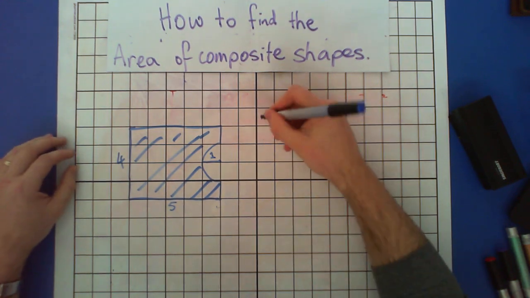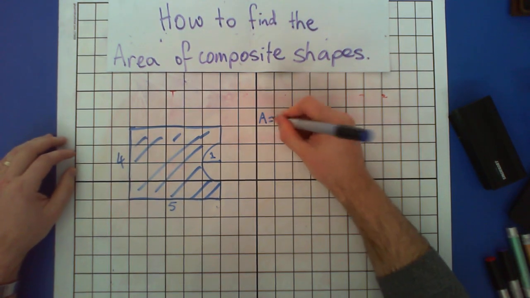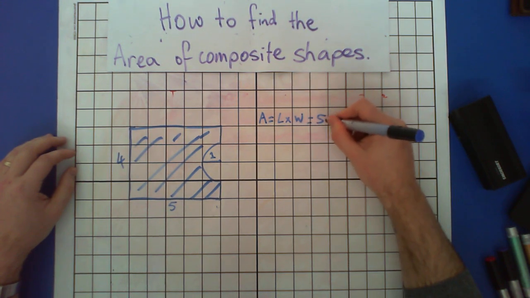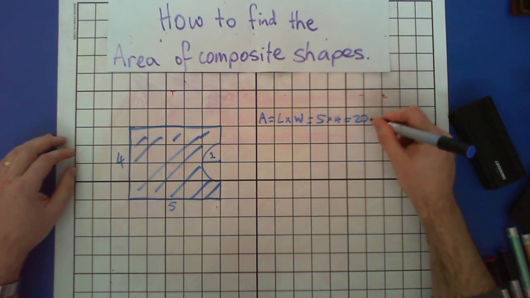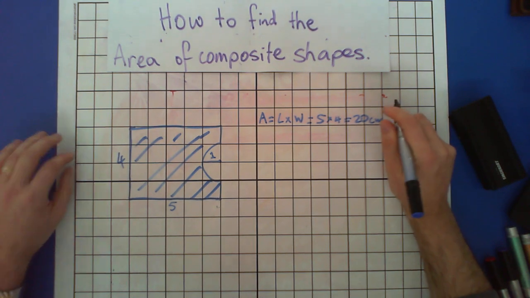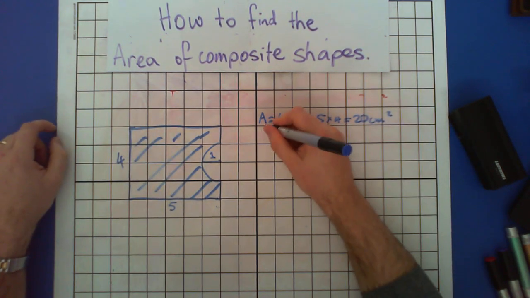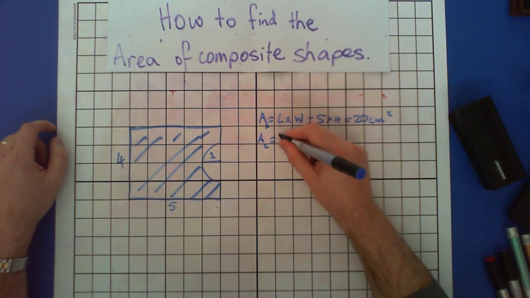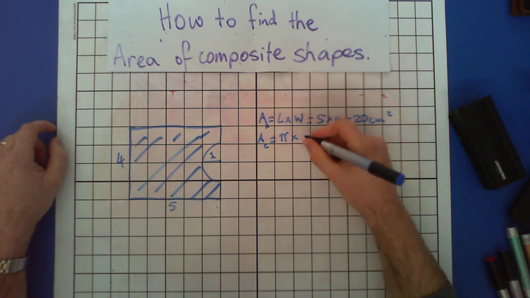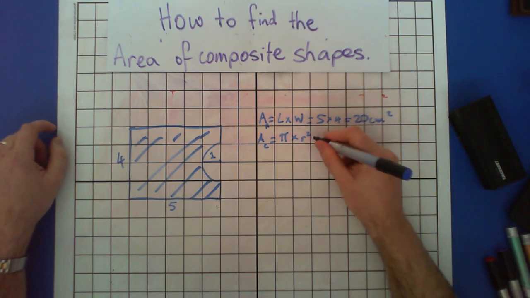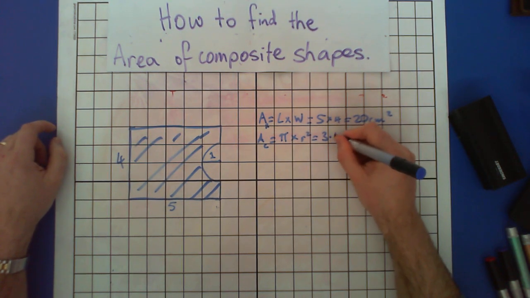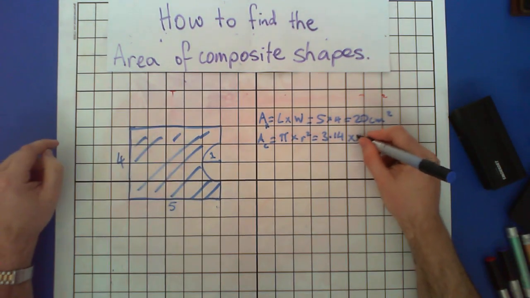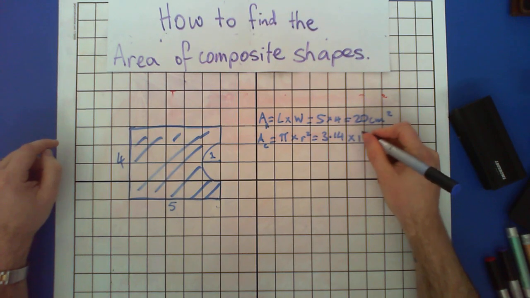Again, the area of our rectangle is length times width. In this case, 5 times 4, which gives us 20 centimeters squared. Then the area of our circle is pi times the radius squared. Remember, we use the approximation 3.14, times our radius, which is 1, squared.